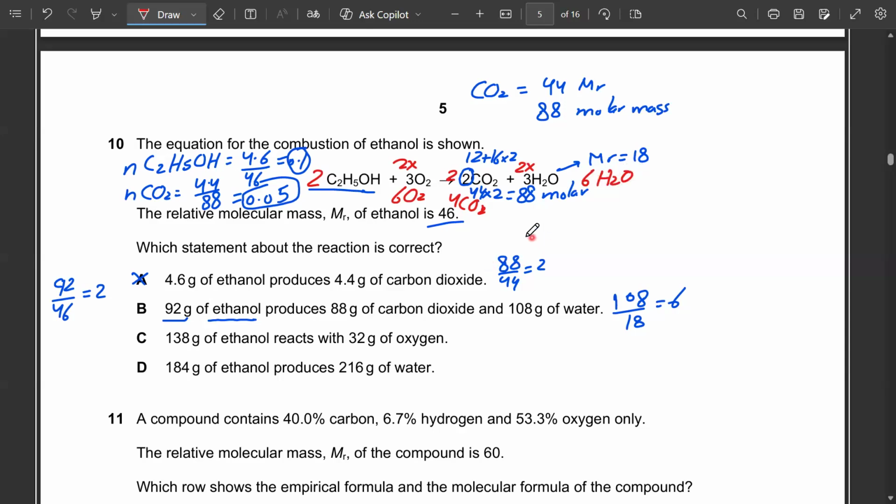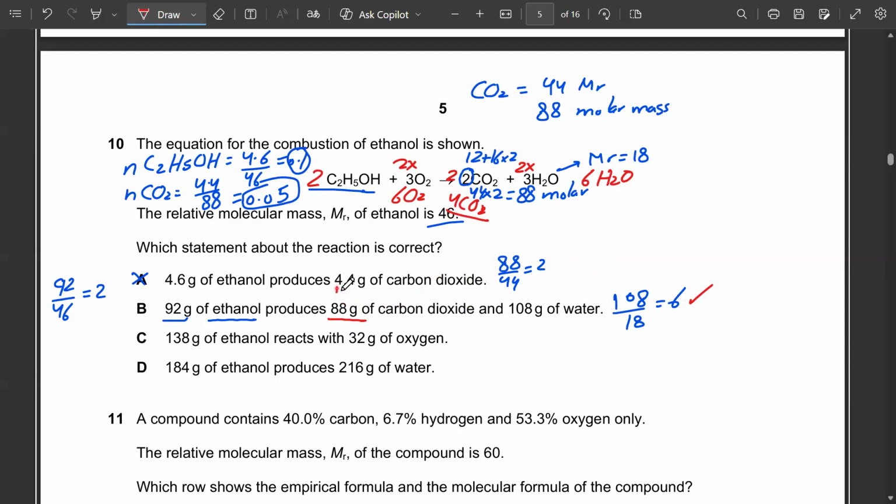So you need to do the calculations accordingly. We got the correct amount of the water, but with respect to the carbon dioxide, it's not correct because 4 moles of carbon dioxide is not equal to 88 grams. Rather, it would be 88 times 2, which is equal to 176.